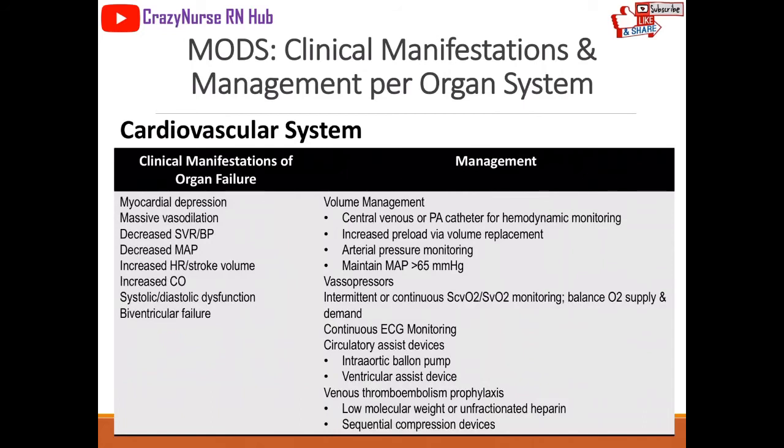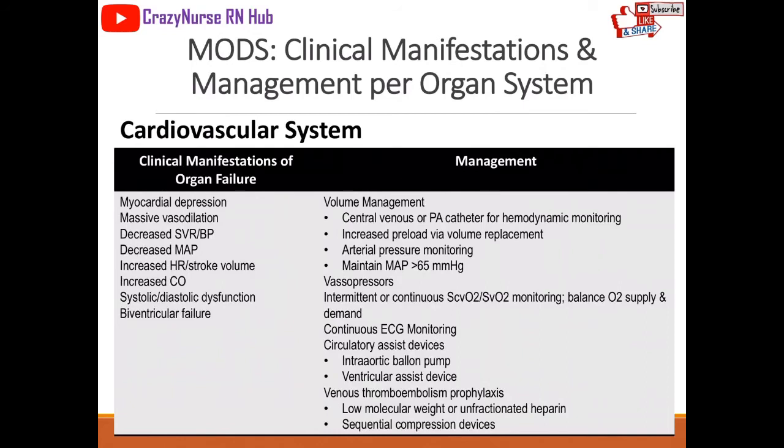So for the management, we have first, the volume management. Central venous or pulmonary artery catheter for hemodynamic monitoring. We also have increased preload via volume replacement and arterial pressure monitoring and maintaining the mean arterial pressure of more than 65 millimeters of mercury. We also have administration of vasopressors. And we also have intermittent or continuous oxygen saturation in venous blood or mixed venous blood monitoring.